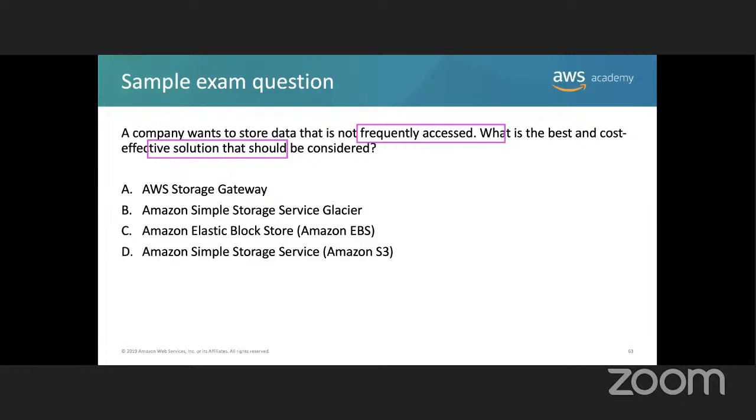So what is it? B, Glacier. Does everybody agree? Yes, it has to be Glacier, the cheapest. Glacier is the solution. That's the cheapest solution of those four.